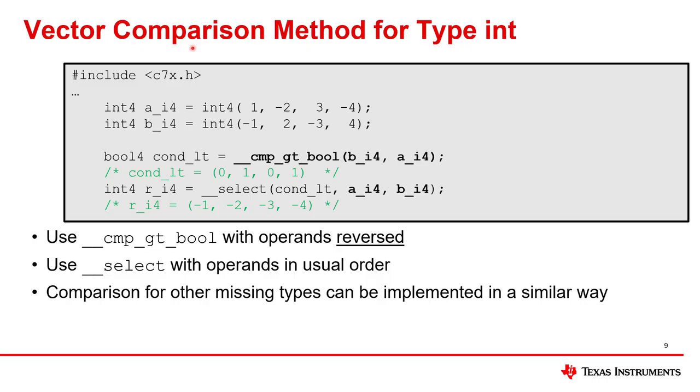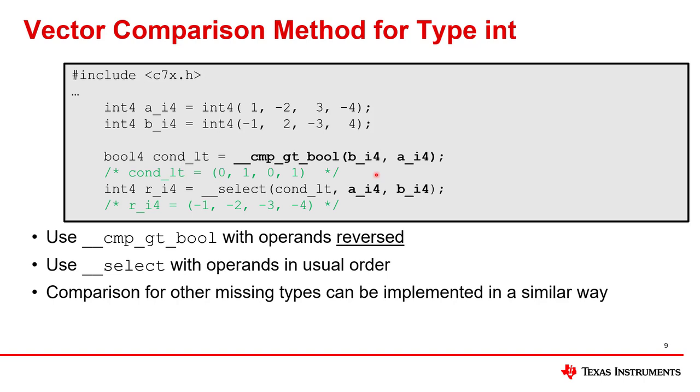Now that we know CMP GT bool can support integer types, we can use it to implement the same operation for integer types that we did with CMP LT bool with float types. The unusual step is you have to reverse the operands.